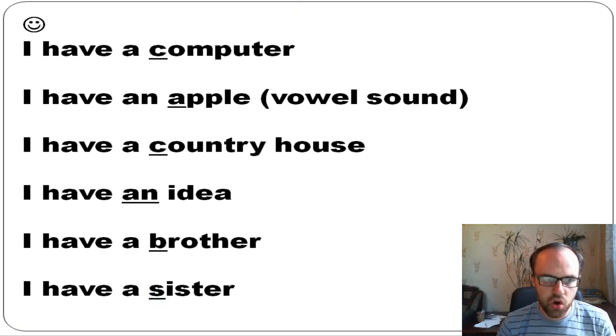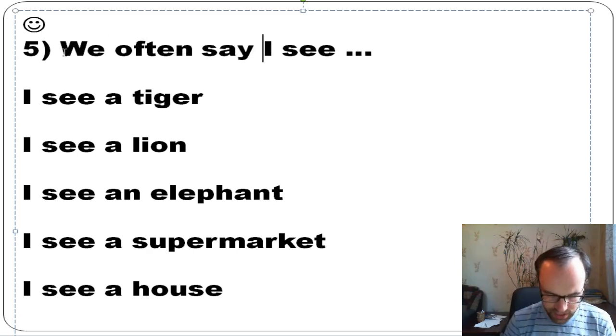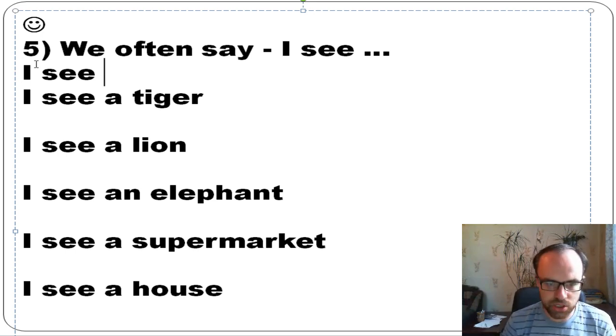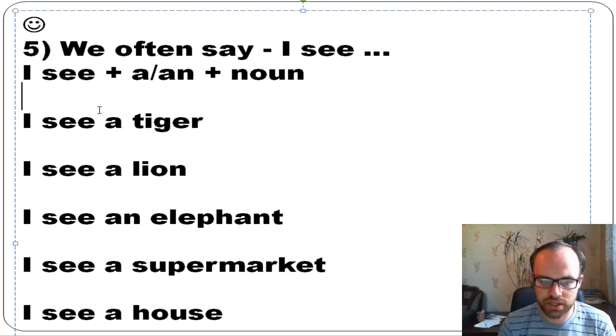Good. We often say I see. You say I see plus a or an plus noun. I see a tiger.